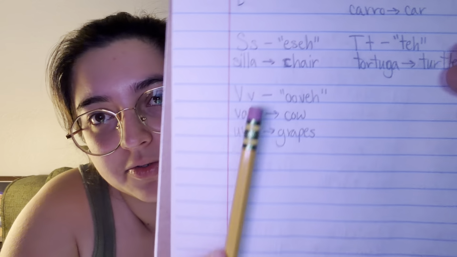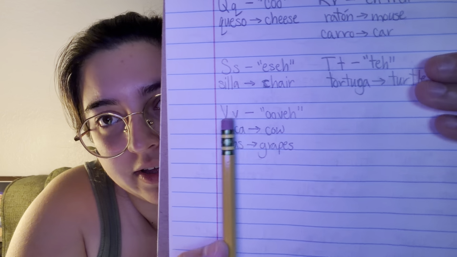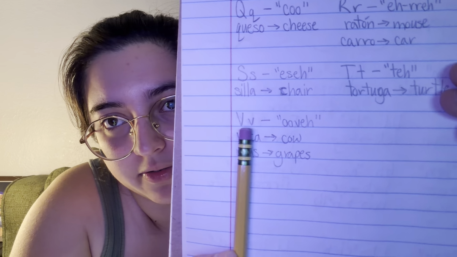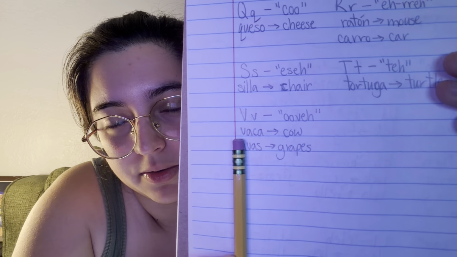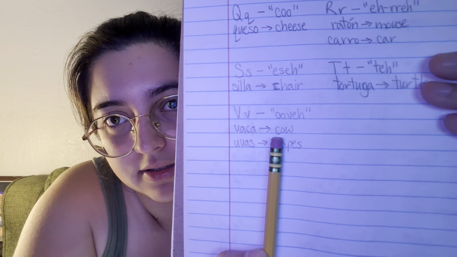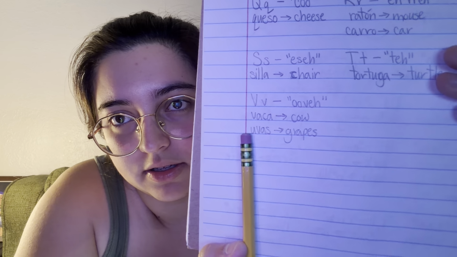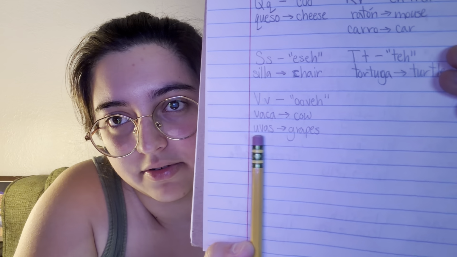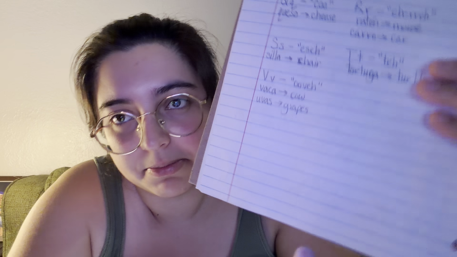Another example could be the word uvas, which we already used for the letter U, but I think it still shows it pretty well. So V or uve, uve or ve, and the word is vaca, cow, or uvas, which is grapes.